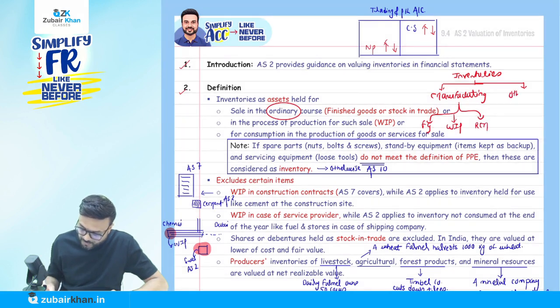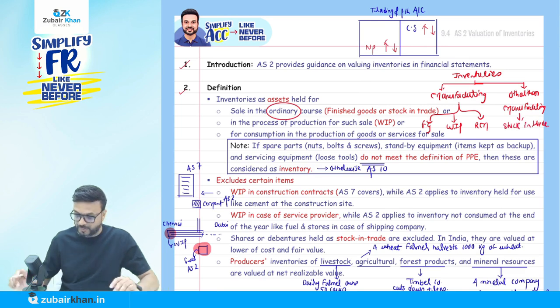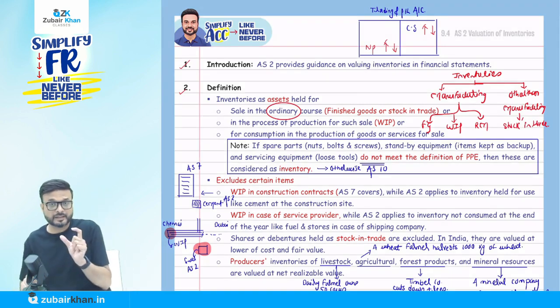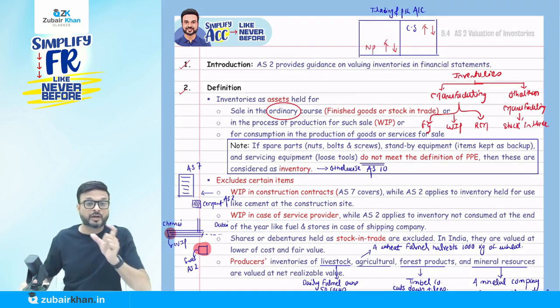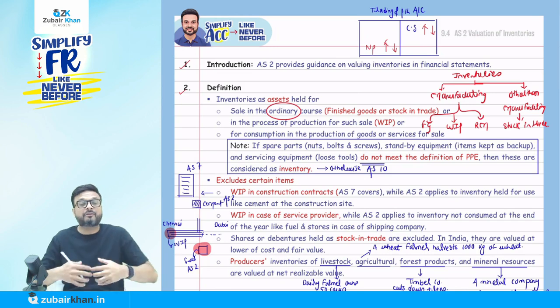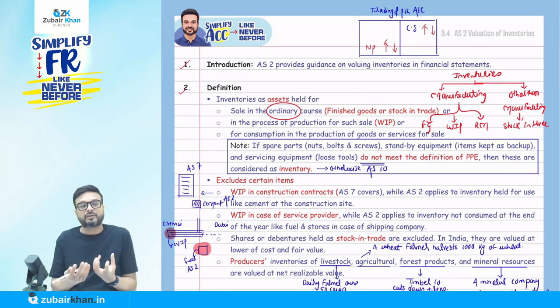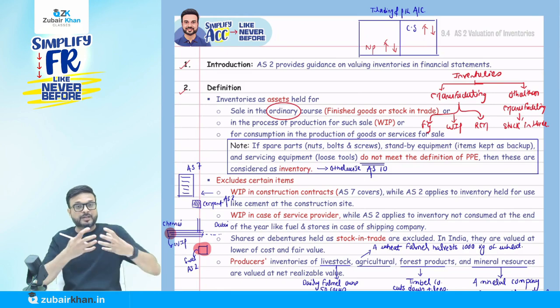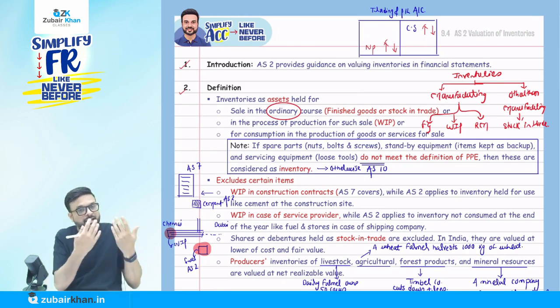Other than manufacturing, there is only one type of stock, that is stock in trade. So what is the difference between stock in trade and finished goods? Finished goods are what we have manufactured. Stock in trade is where we are not in the business of manufacturing. We purchase goods and we will sell them at a higher value.